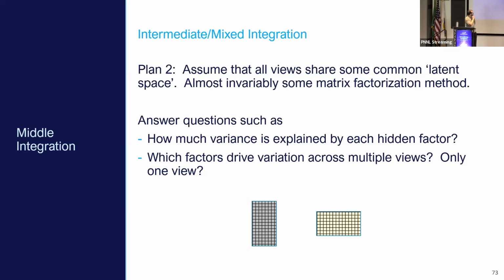Oh yeah, and you might find factors that actually drive the variation across multiple views. Those ones might be of particular interest because those are the things that, maybe we'll call them the multi-omics factors, things that link all of the different omics together. They describe variation in all of your omics.